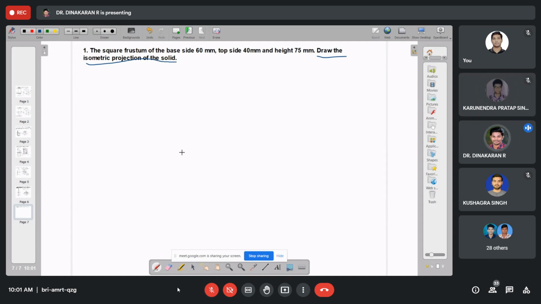Isometric projection means you need to reduce the scale from the original scale. Isometric view means the original scale, the true shape.